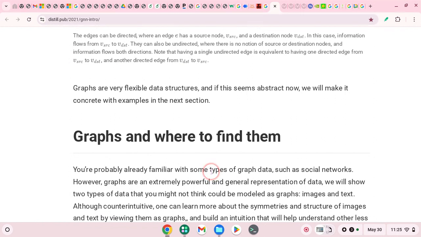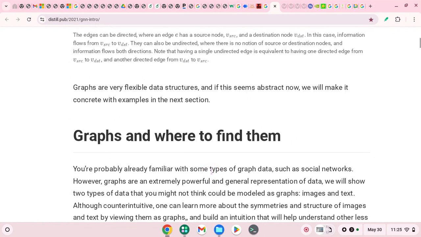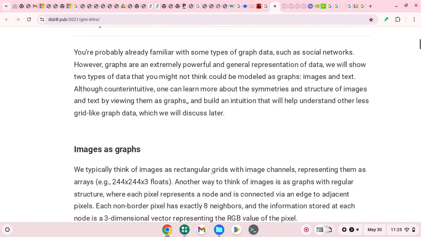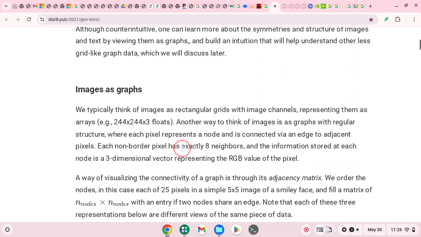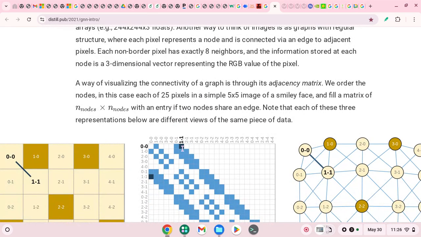So what is the data in a real world graph? It can be represented as a graph. For example, an image: we know that pixel format can be a three-dimensional tensor. For example, a 244 cross 244 cross RGB image can also be represented as a graph.